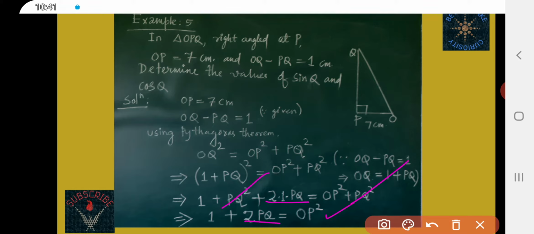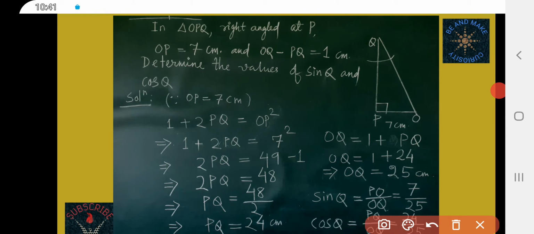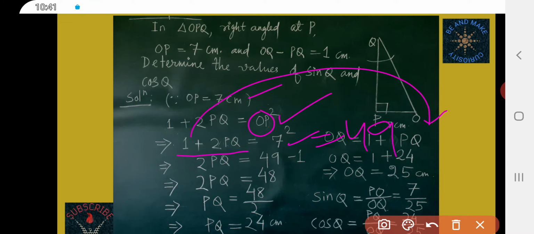Okay, see here OP is equal to 7 centimeter given. Now you put in this equation. Then you get 1 plus 2PQ is equal to OP is your 7, so 7 square, that is equal to 49. Okay, now you take 1 right side, then 49 minus 1, that is equal to 48.